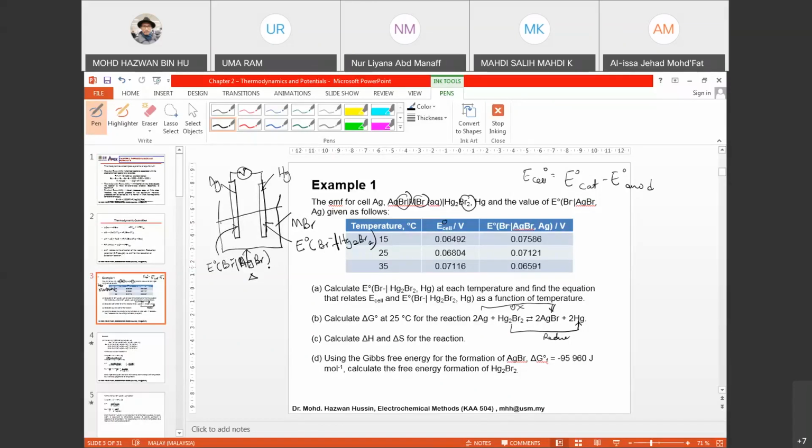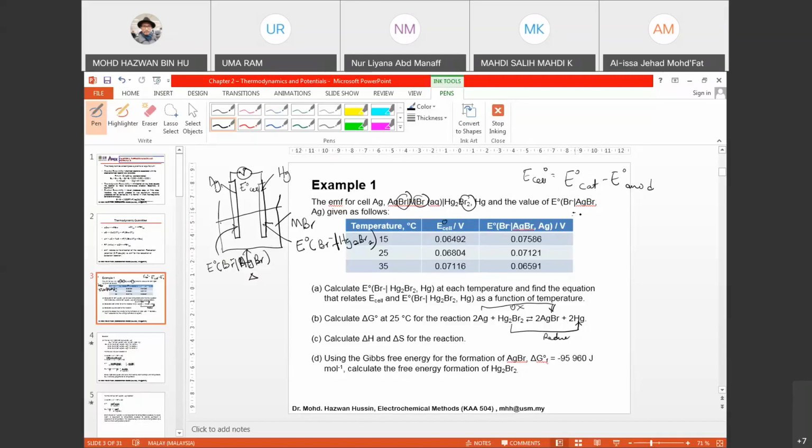All right. So the overall cell potential is over here, E naught cell, and you will get E naught cell by basically subtracting the cathode versus the anode.